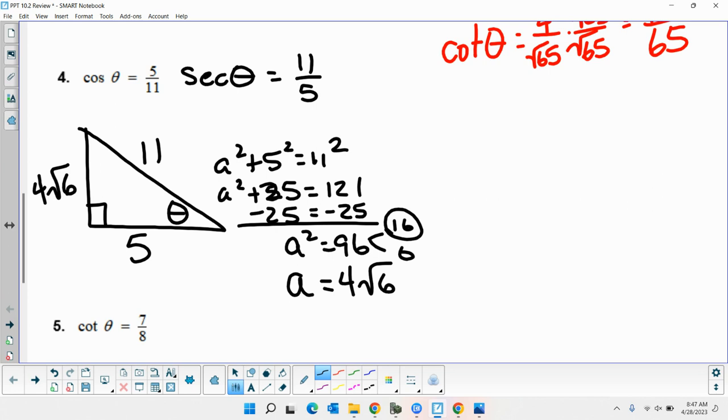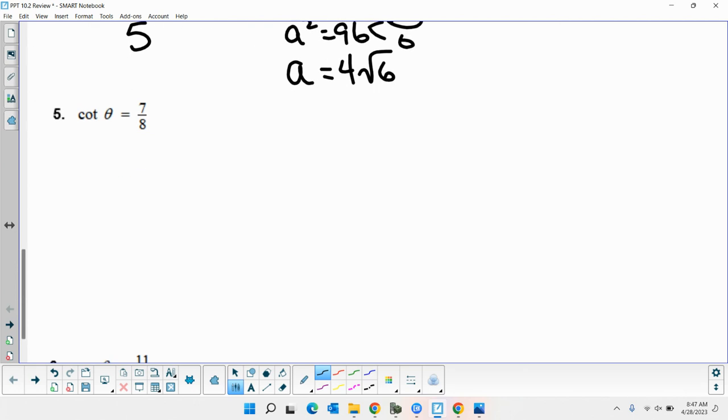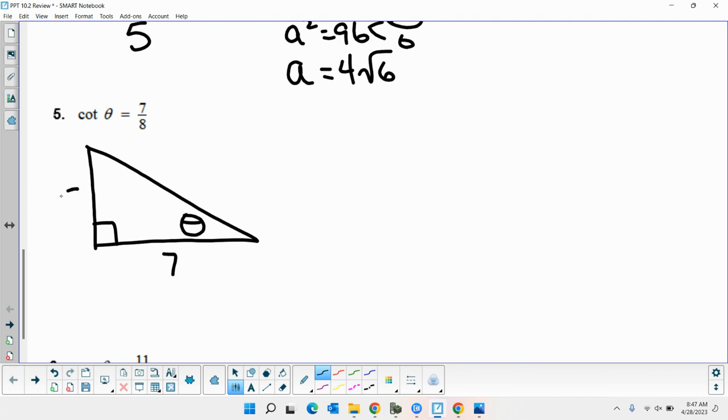So, for number 5, your picture. Cotangent is a reciprocal of tangent. So tangent was opposite over adjacent. So cotangent is adjacent over opposite. So that's what it starts out looking like. And then you got to find the hypotenuse, which was the square root of 113.